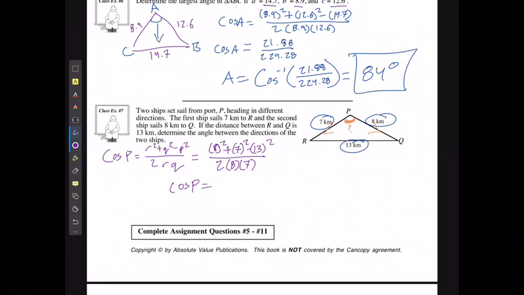Cos of angle P is going to equal negative 0.5000, which means that P is going to equal cos to the negative 1 of negative 0.5000, which is going to equal 120 degrees.